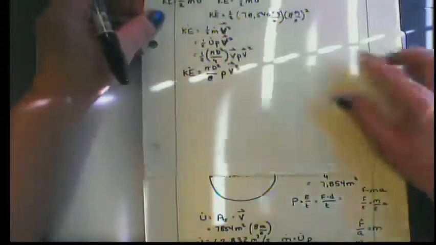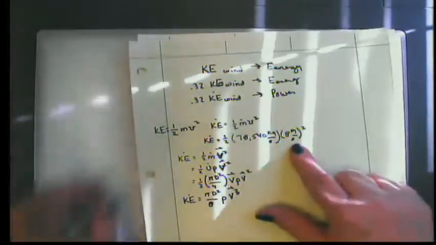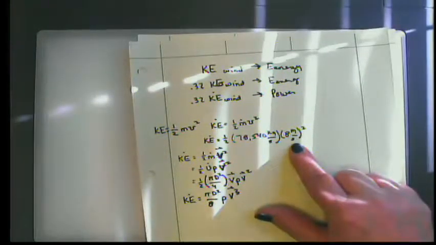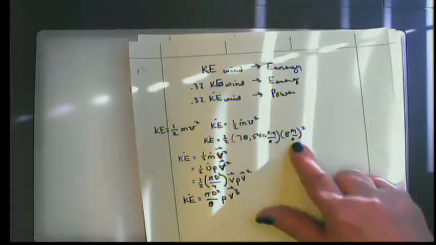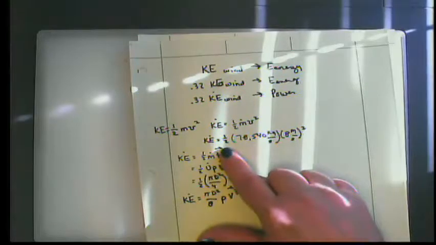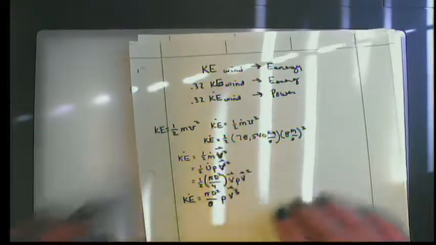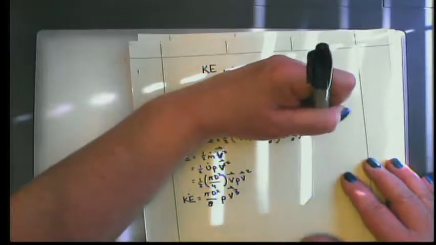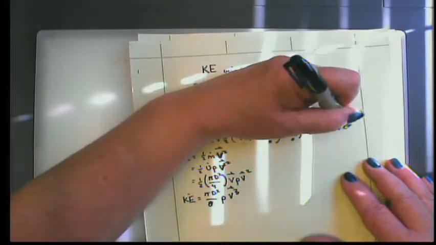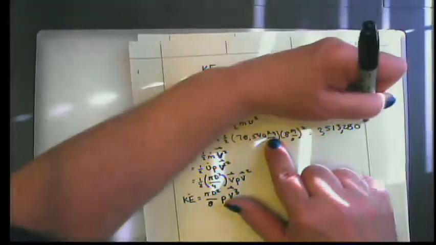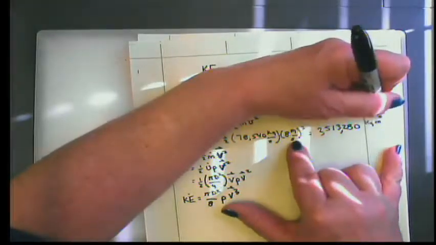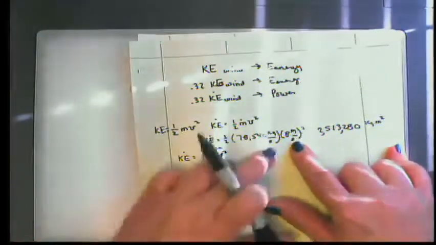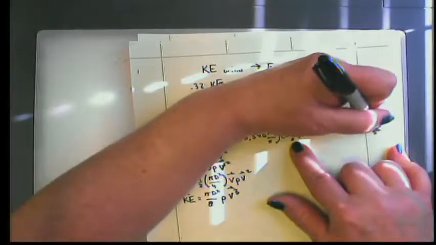All right, so if I go back to this, I've got half of my calculation done, and I can take my 78,540, multiply it by 8 squared, which is 64, and divide that by 2, and get this number, which is 2,513,280 kilogram meter squared per second to the 3rd.